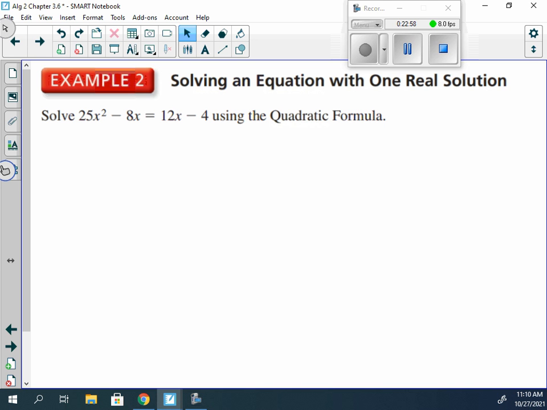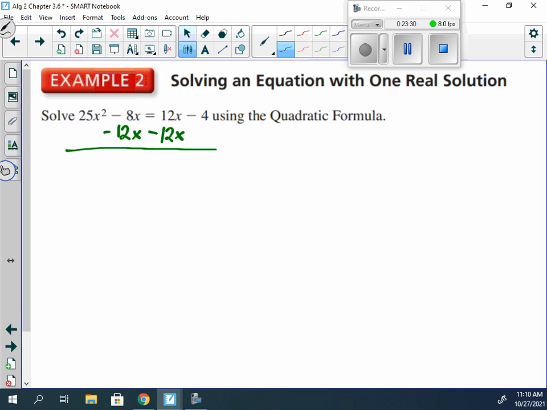25x squared minus 8x equals 12x minus 4. Well, the first thing we need to do is get everything on the same side of the equation. So what can we do first? Because we need this equal to 0. We can subtract 12x from both sides.